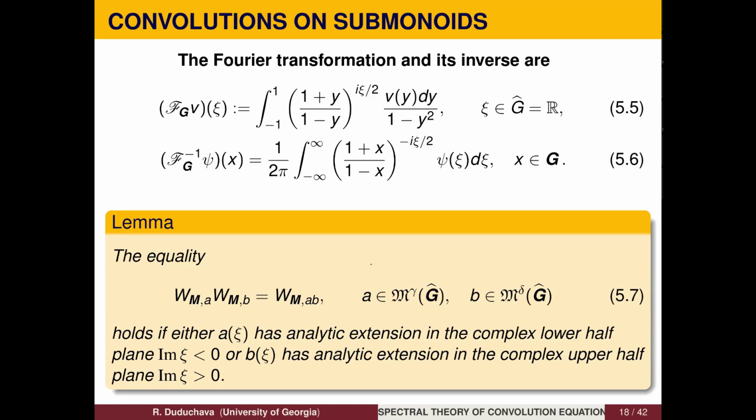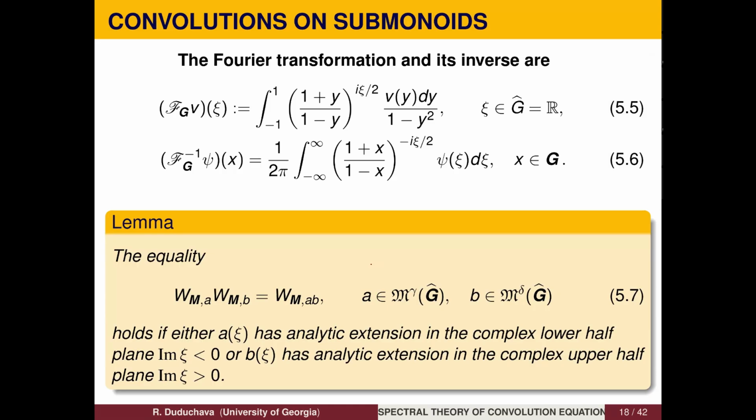But now the first difference. The composition of convolution operators is not a convolution again for all symbols. Convolution on the submonoids is a convolution on submonoids.